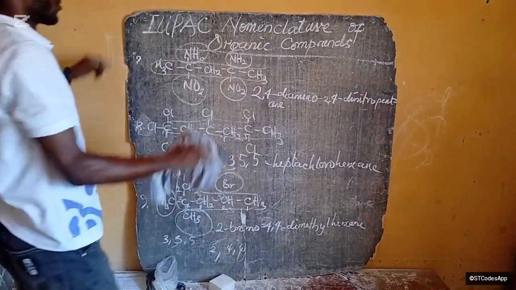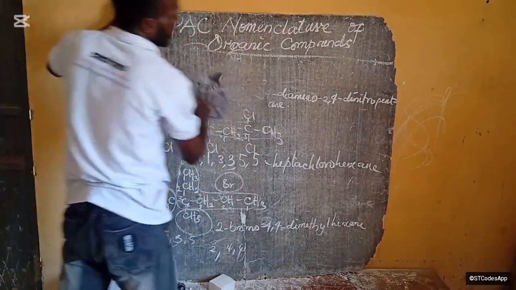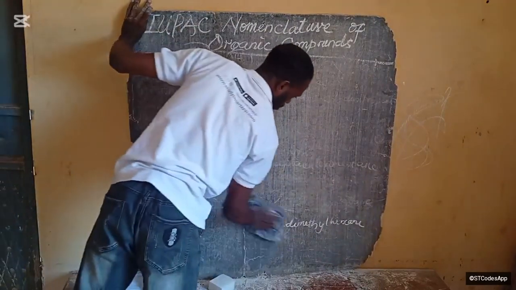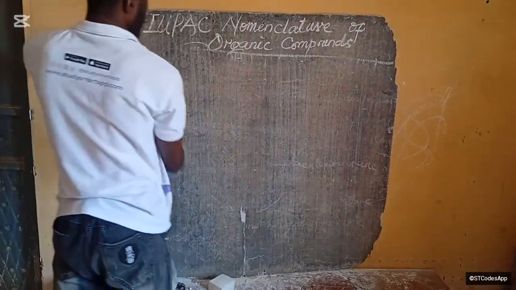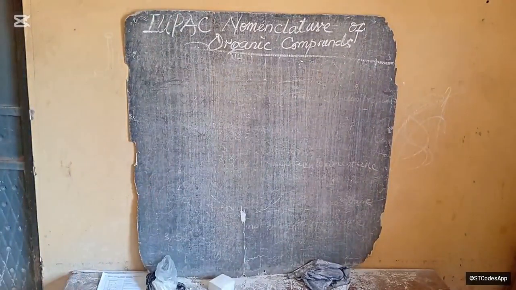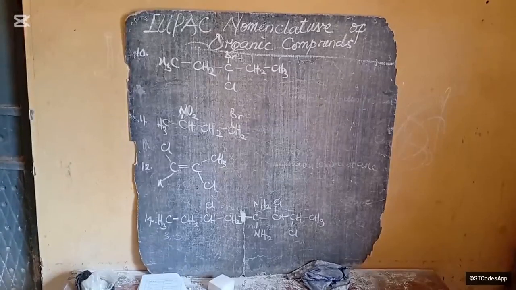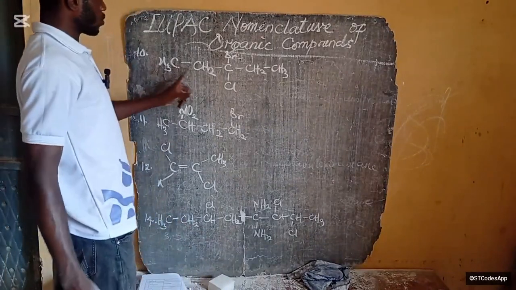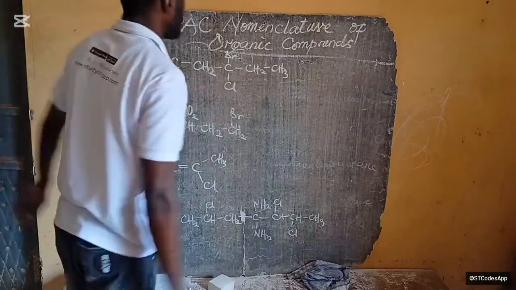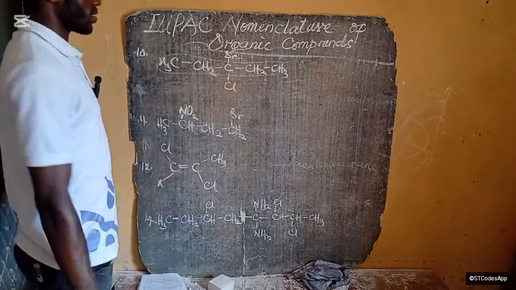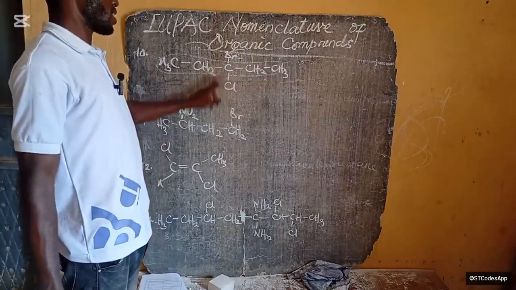Now, once you know how to name alkanes well, it becomes quite easier to name other hydrocarbons, and of course other organic compounds. Only that some organic compounds use a different convention a little. All right. So let's name these. We have 1, 2, 3, 4, 5 carbons. So we're going to be dealing with pentane in this case. And you see our two substituents are on the same number.